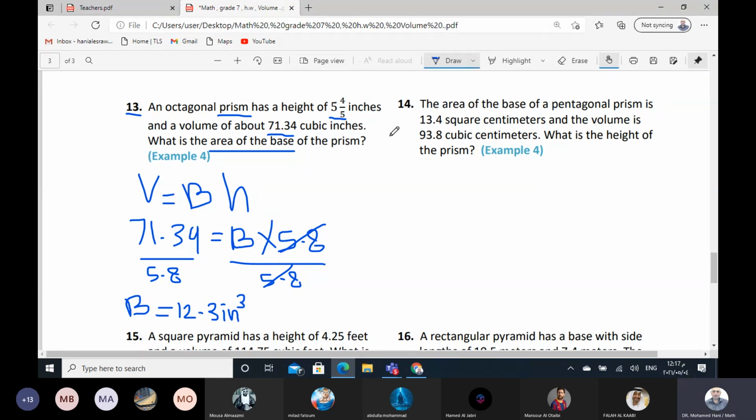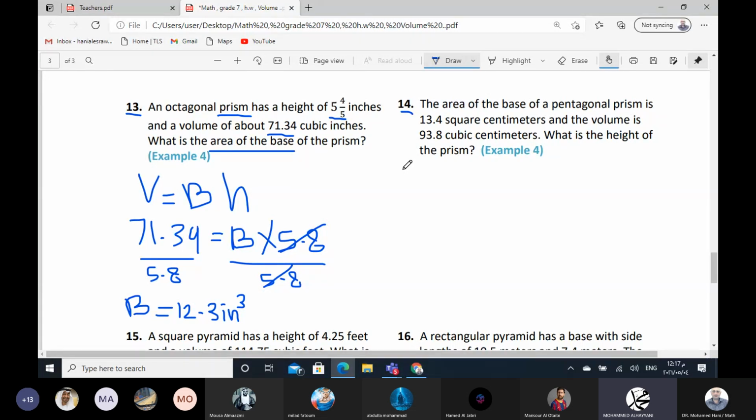Okay. Who can read exercise number 14 please? Yes, Mister. I will read it. Muhammad Ammar. Okay. The area of the base of a pentagonal prism is 30.4 square centimeters, and the volume is 93.8 cubic centimeters.